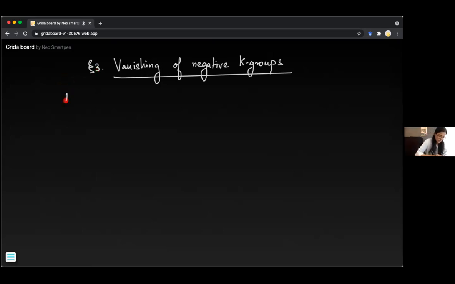So first, let me recall the result of Kerz-Strunk-Tamme. This is Weibel's conjecture for schemes.